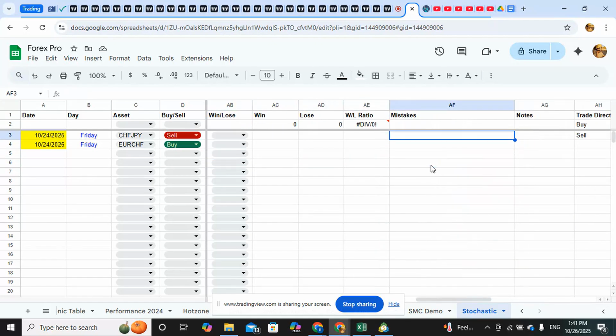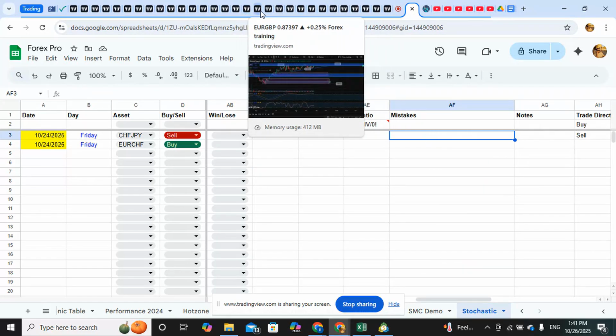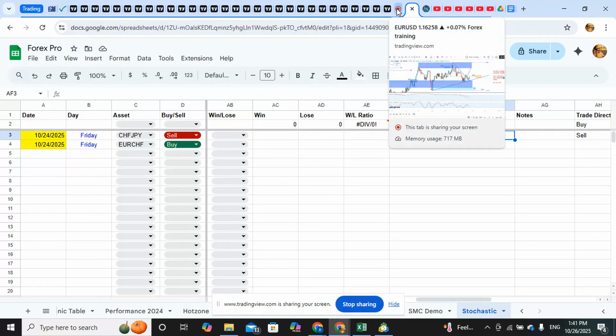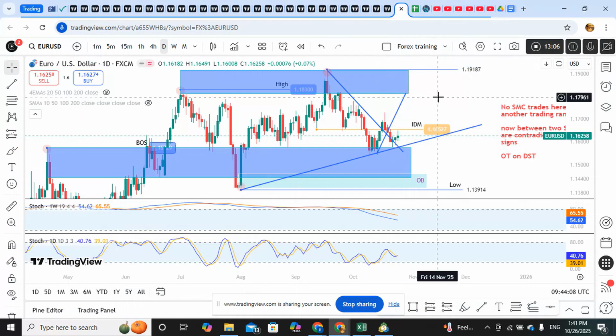So the mistake here is it's premature. The D is not above the K. The K needs to be below the D, that's for sure as an indication. It wasn't the right way to do it. I think I was hasty. I just wanted to try things. I wanted things to move forward quicker.